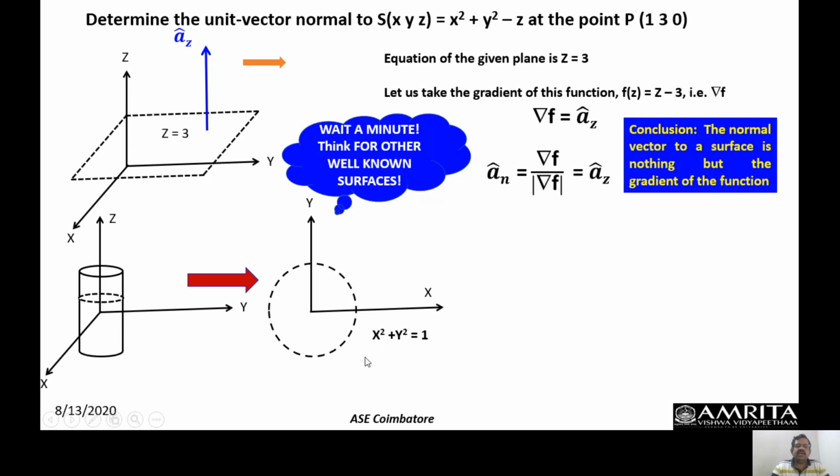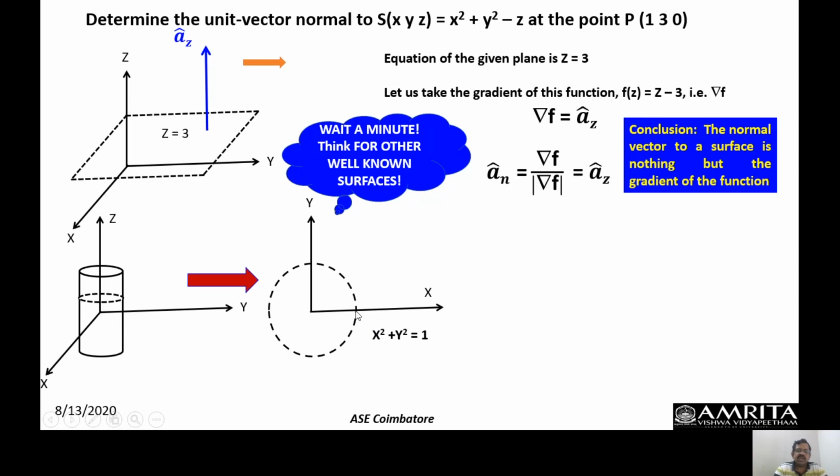So I have del f for this function x squared plus y squared as 2x ax hat plus 2y ay hat. Now the y coordinate is 0, therefore I can drop that term. I get only 2x ax hat here, and substituting x equal to 1, I am going to get 2 ax hat.